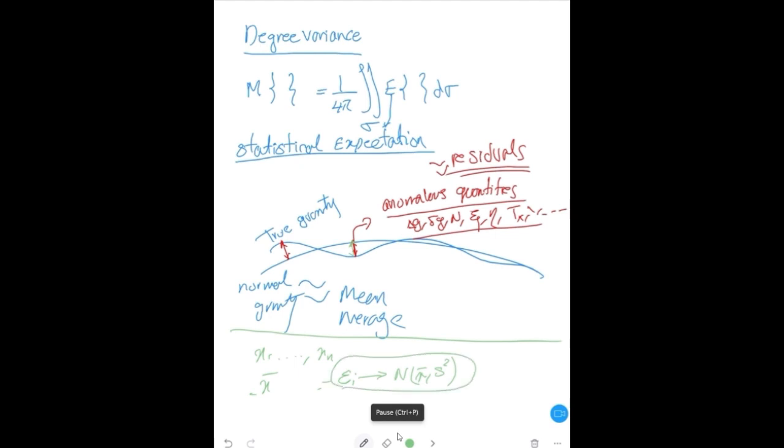It is very similar to the true gravity field. The true gravity field is reduced for the normal gravity field, and the x bar is equivalent to the normal gravity field. What we need to derive now is the variance of these anomalous quantities.